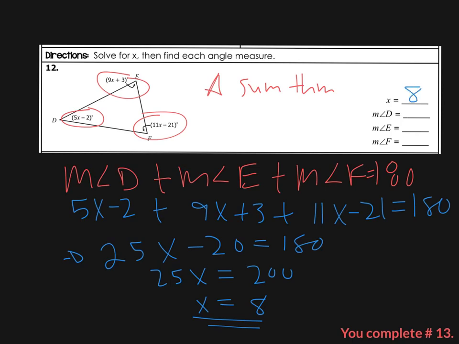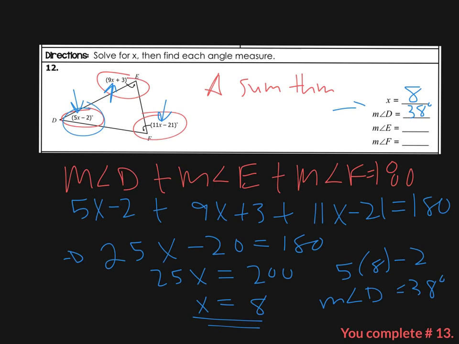So I put that here. Now they want the measure of angle D, E, and F. So I'm going to substitute 8 in for x on all 3 angles and get the final measurements. So for example, 5 times 8 minus 2 is the measure of angle D. So the measure of angle D is equal to 38 degrees.